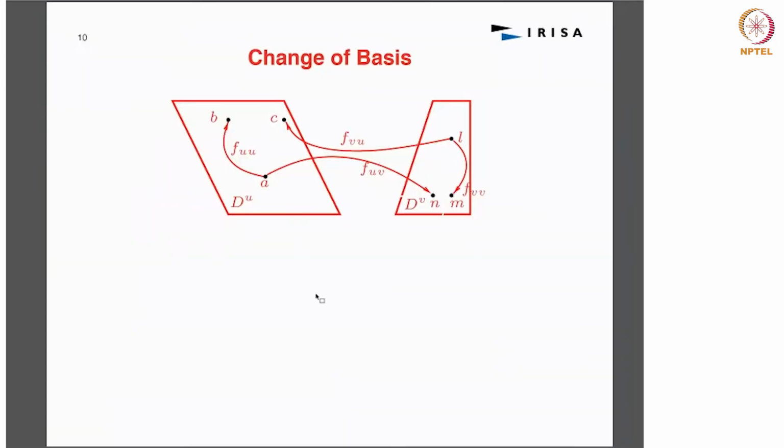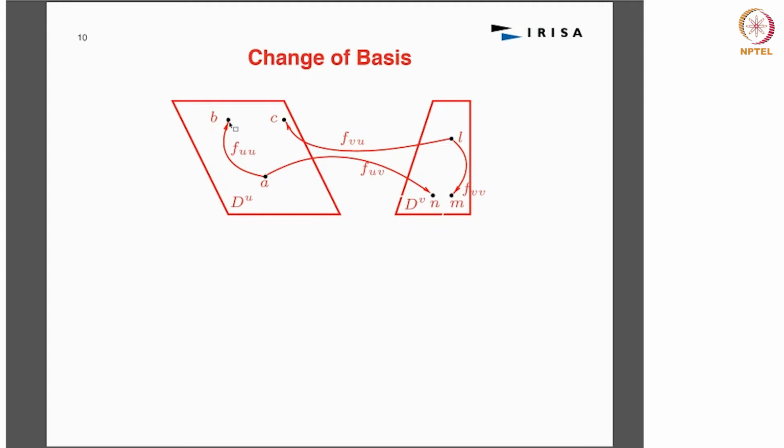Okay, here is a pictorial view of what I want to do, and I'm just showing a small number of instances of dependencies. If you take a point A in the domain of U, it depends on some point B in the domain of U by applying the function f_UU. This is a self-dependence of U on itself.